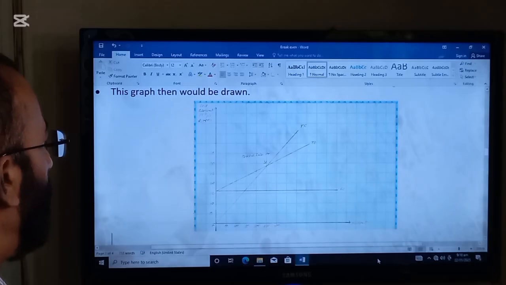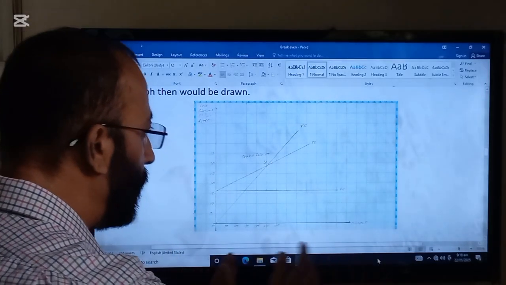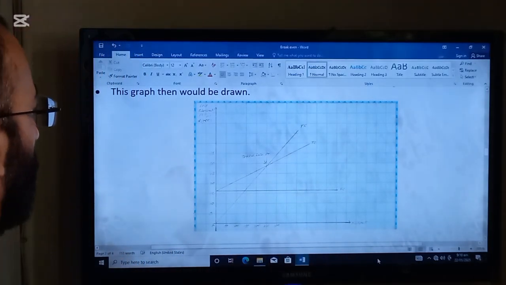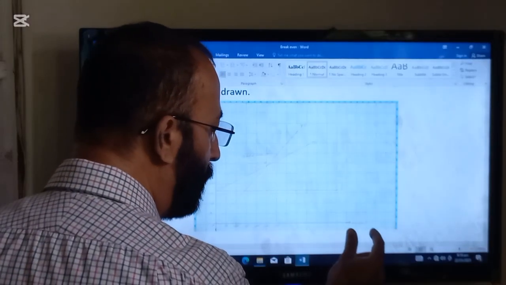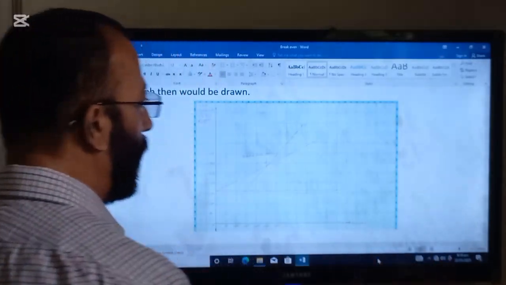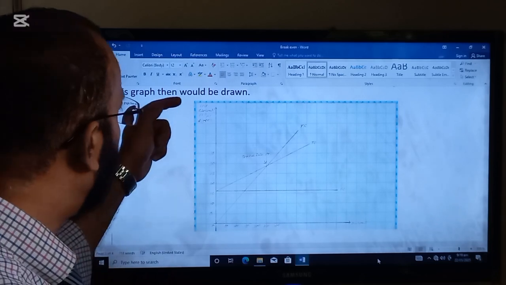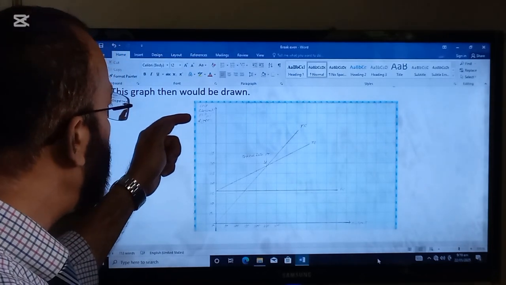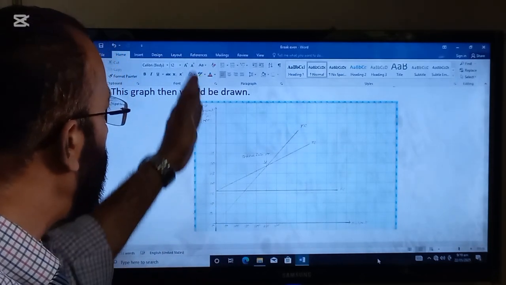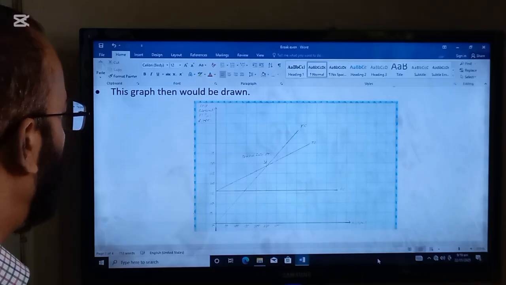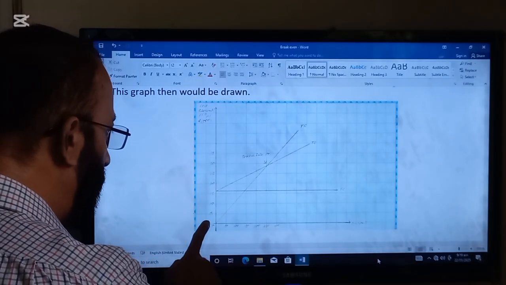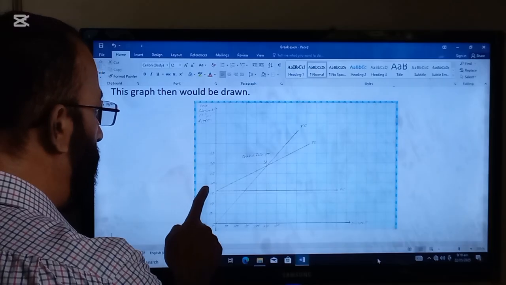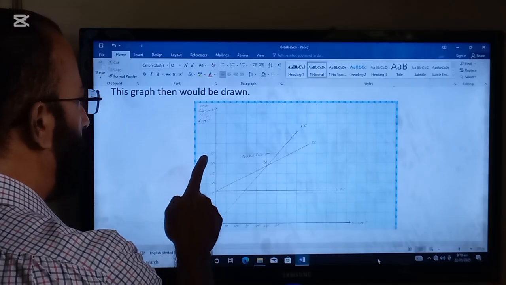Now we are going to draw the graph. Remember, this is very important: output will be taken on the horizontal axis. Cost, revenue and profit will be taken on the vertical axis. We plot the values on the vertical axis: 5, 10, 15, 20, 25, 30, 35.